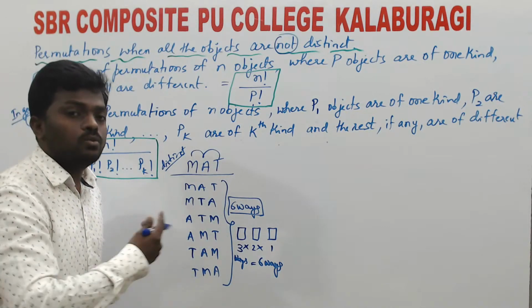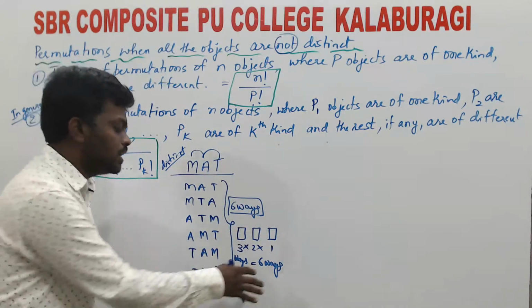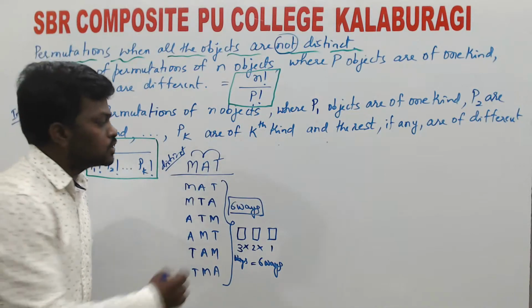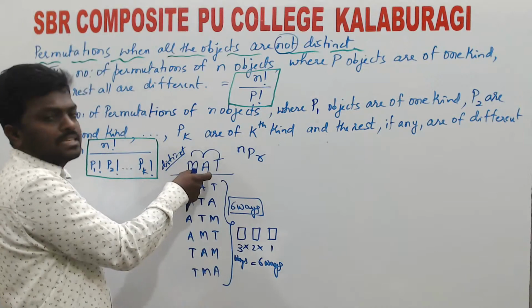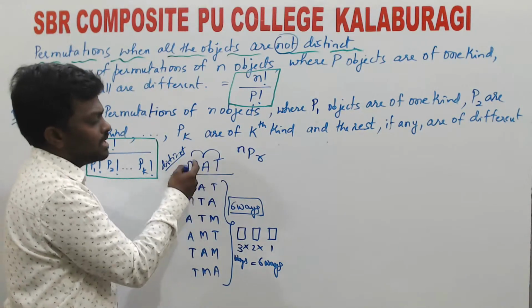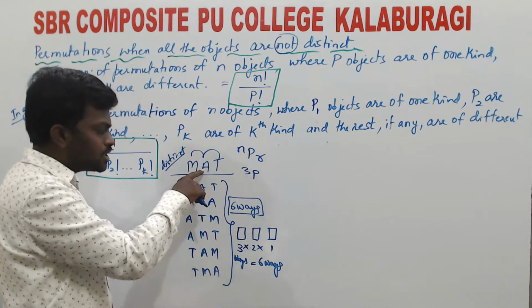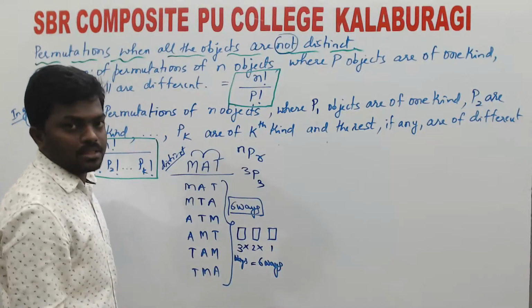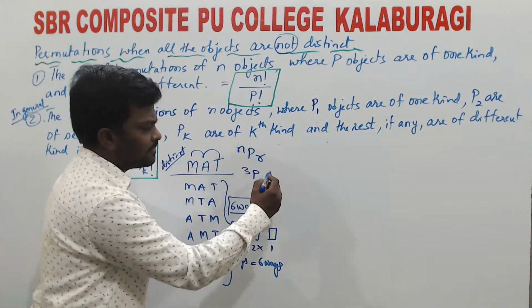When you simplify it by the box method or the fundamental principle of counting, you get six ways. Now let us see by the formula also. What are the letters given to us? How many letters are given in mat? Three, and they have to be arranged among three places: 3P3.